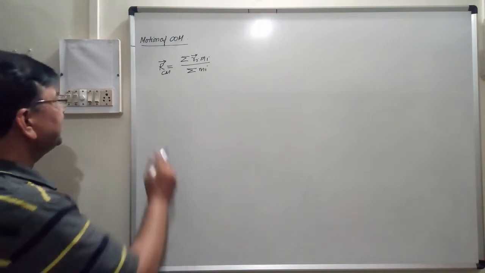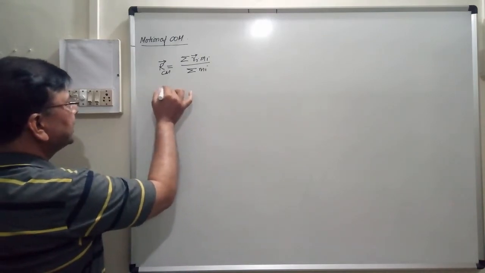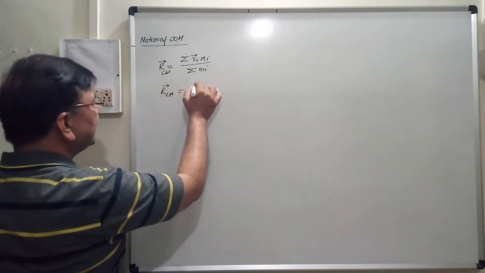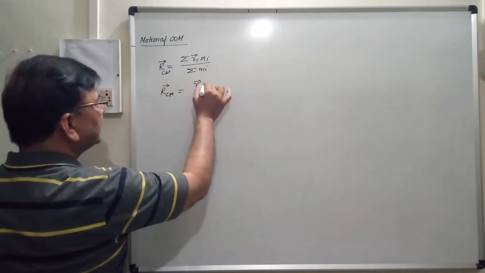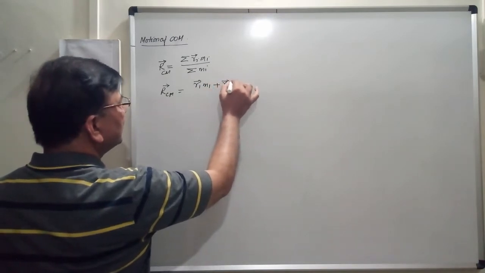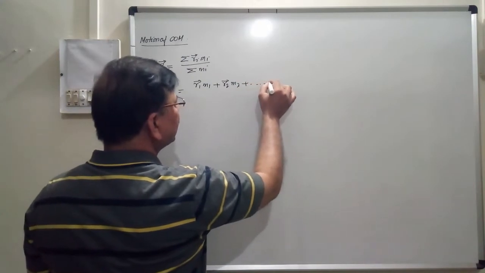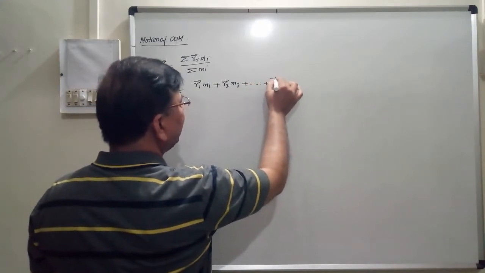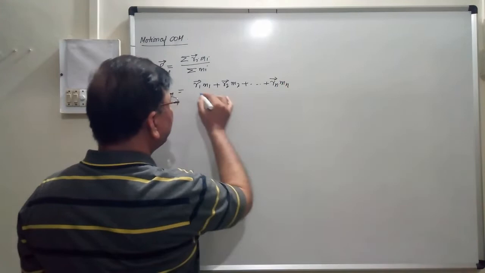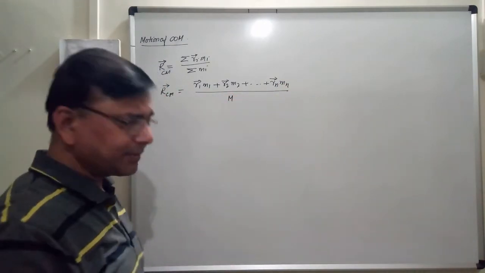So this can further be written as R center of mass, this is the vector. We can write R1 M1 plus R2 M2 plus, if there are n particles, Rn Mn, upon the total mass of the system of particles.